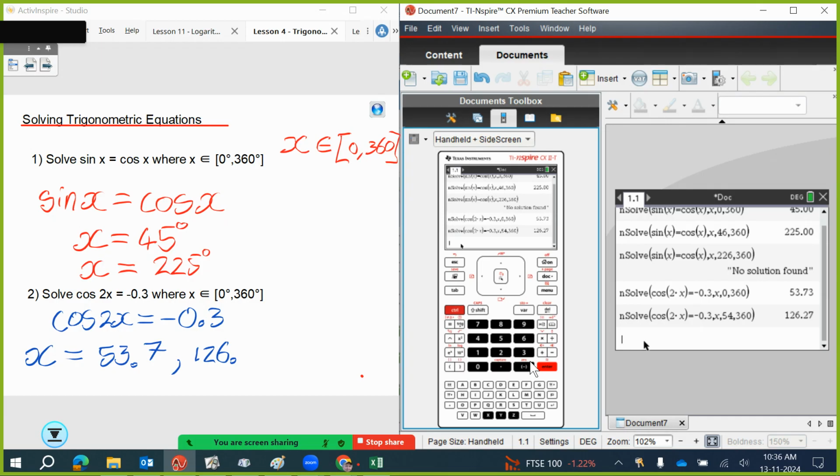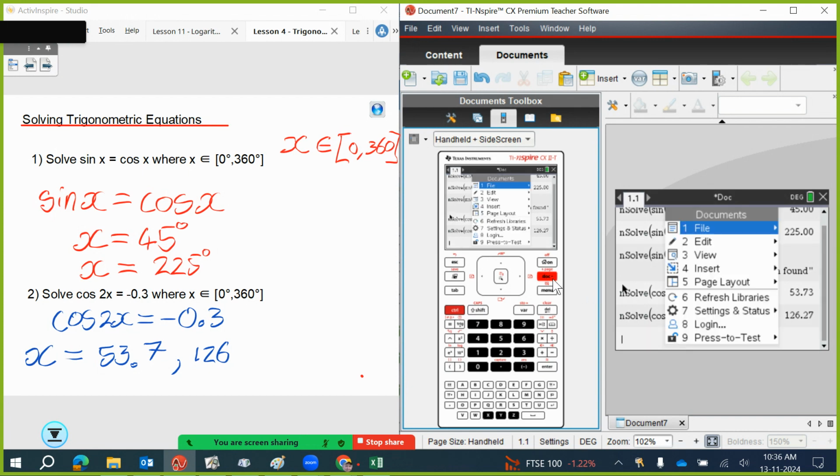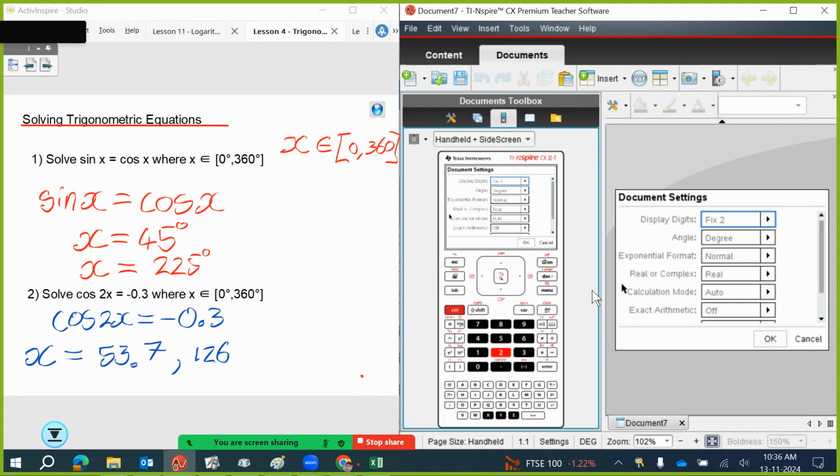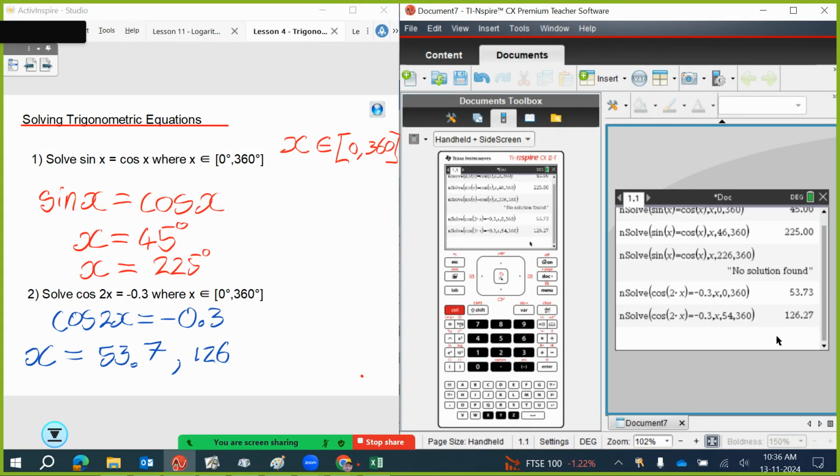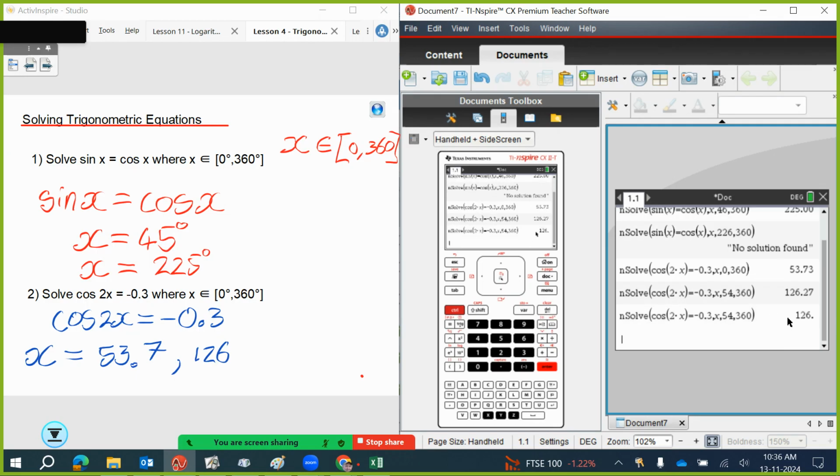126. I'm going for 3 significant figures. Let me fix my calculator and put it into 3 significant figures. So document 7.2. Change this fixed 2 to float 3. And then I don't have to think so much. Yeah, 126. All right. So which number do I change this time? Somebody other than Barn.